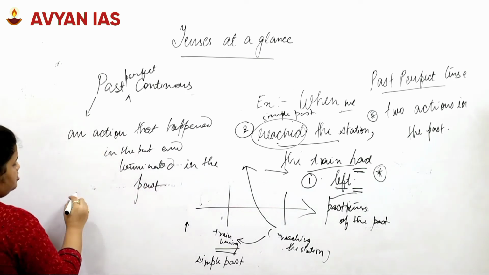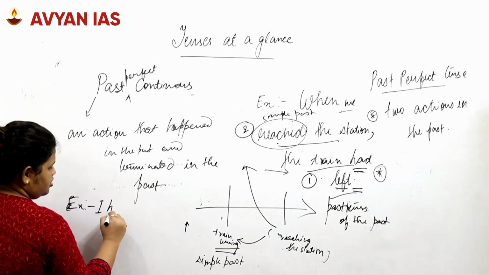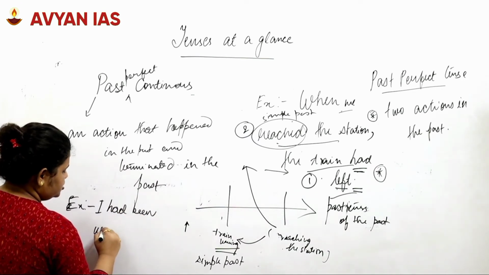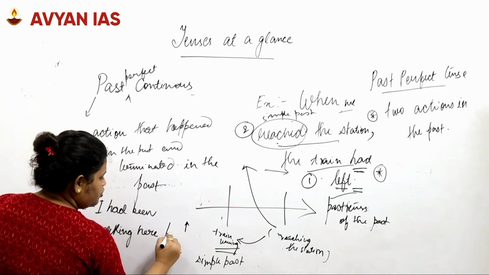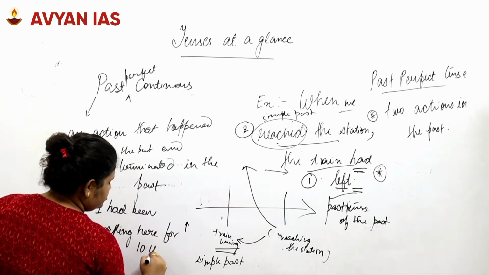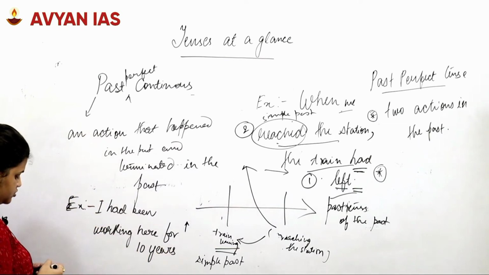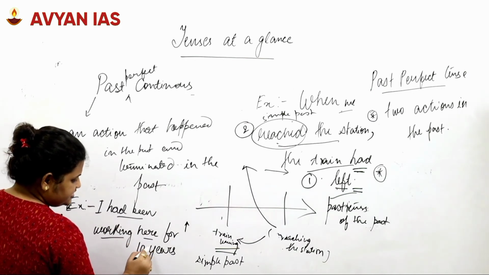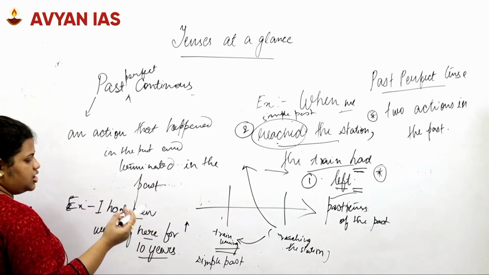For example, I had been working here for 10 years. So when you are talking about that you have been working in a particular place for 10 years, that would talk about the past perfect continuous.